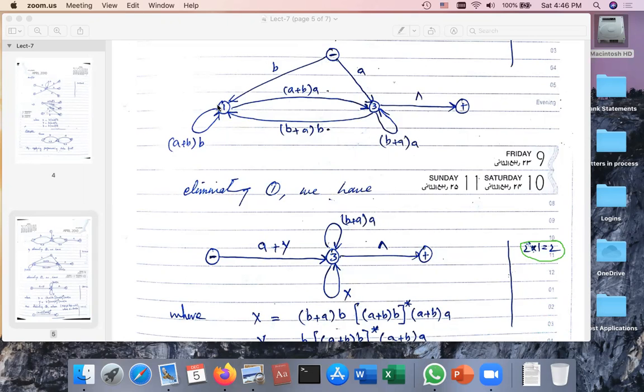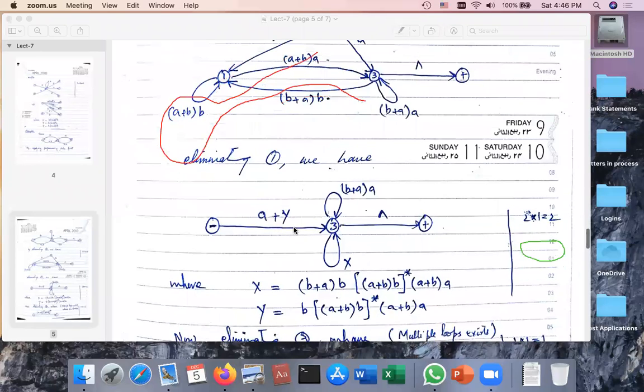One thing is sure: after removing that, how can I reach from this initial state to this state 3 using this path? So this B, and then this loop, and then this path is something that I will definitely need. So B, A plus B into B whole star, and then A plus B into A. This is one edge.